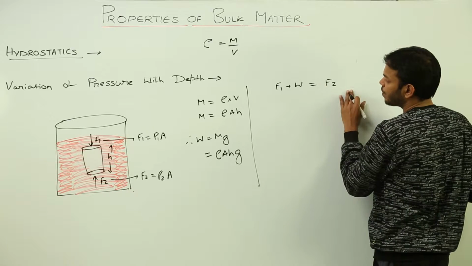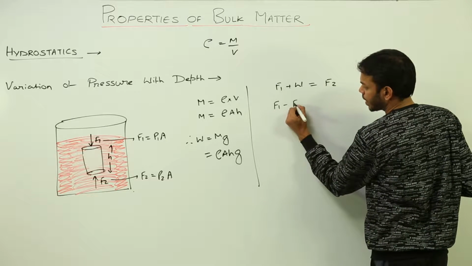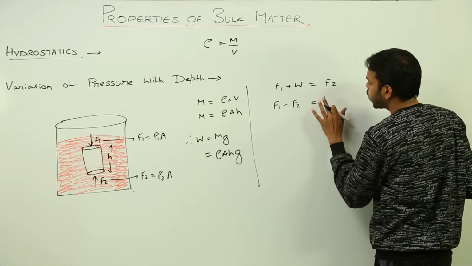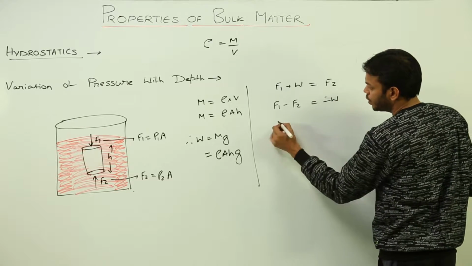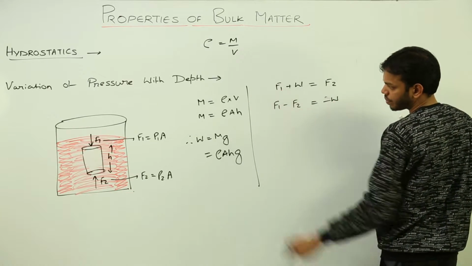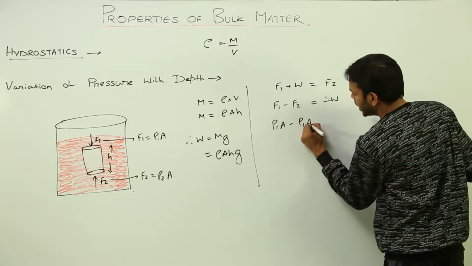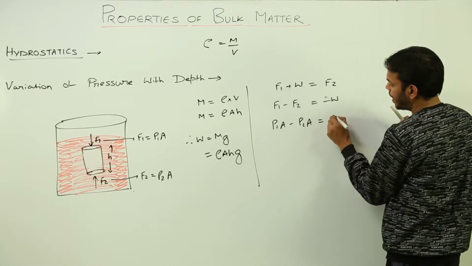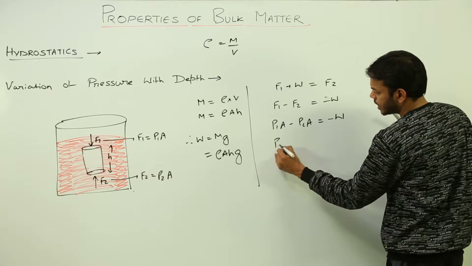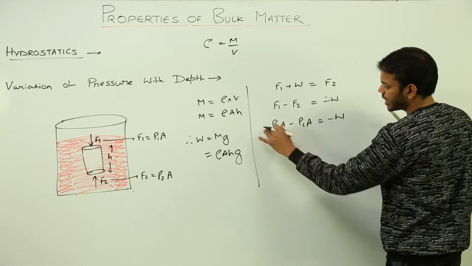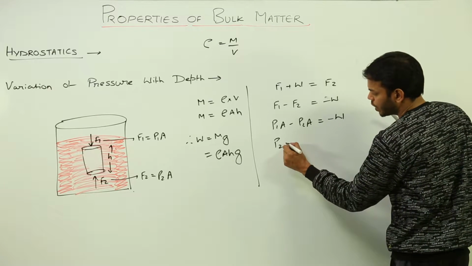So F2 minus F1 is equal to W, with F1 being P1A and F2 being P2A.